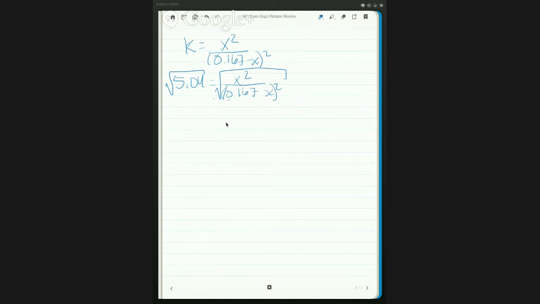So 2.24 is equal to X over 0.167 minus X. I multiply this side by 0.167 minus X, and I multiply this side by 0.167 minus X. And so these cancel out, and I'm left with X is equal to 0.3749 minus 2.24X. And I'm going to add 2.24X to both sides.